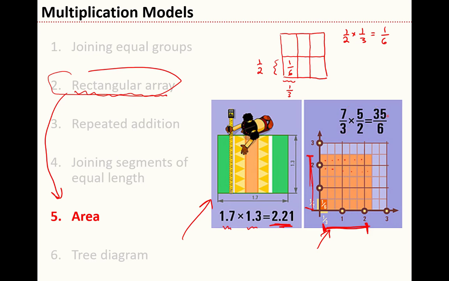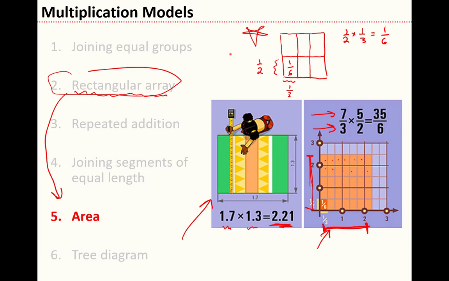Now, when we get to algorithms, we'll see that to multiply fractions, you just multiply the tops and you multiply the bottoms. But that algorithm completely hides the meaning of what's going on, and I really like a picture like this to explain multiplication of fractions. It uses the area model.